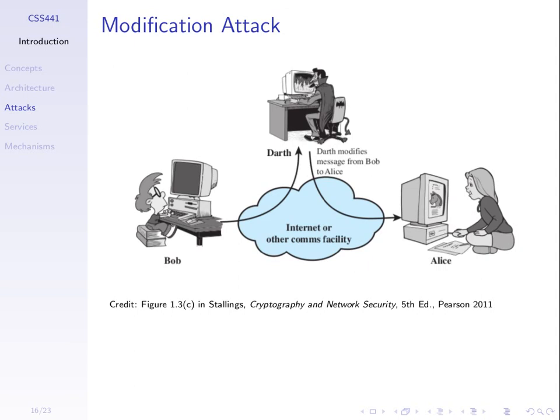So this is a modification along the way. And the way to stop that is to make sure when there's a digital signature, or when there's something signed, the entire message is signed. Any modification of that message can be detected by the receiver. And again, the techniques will come up after the midterm, how to sign messages.